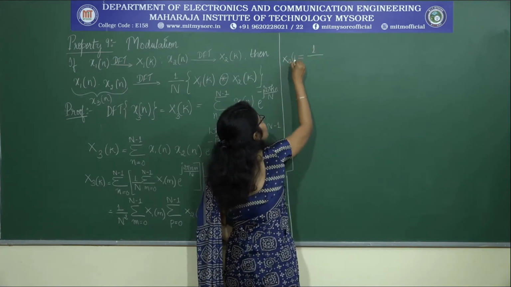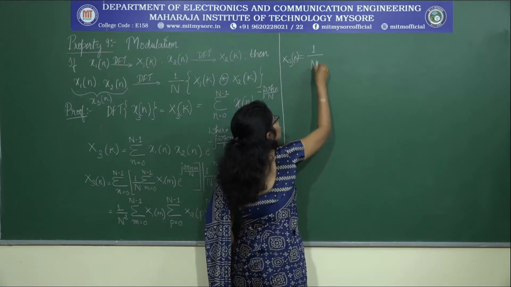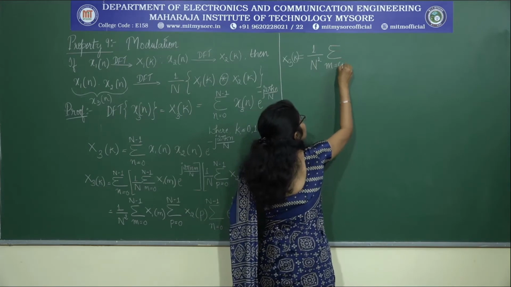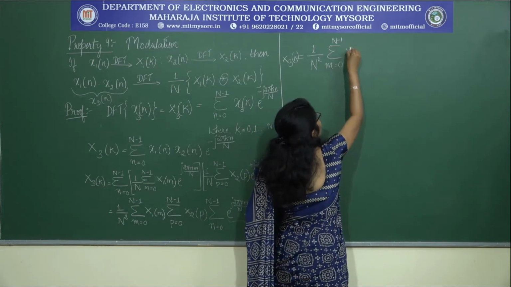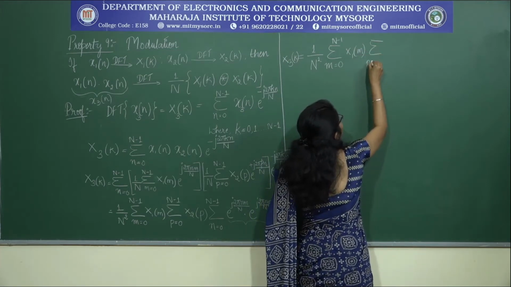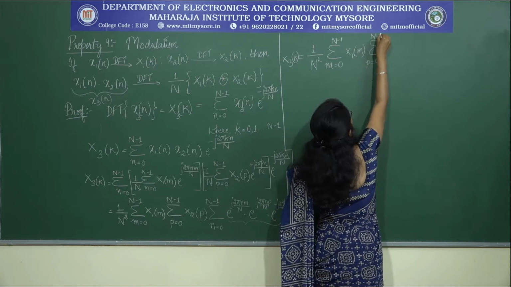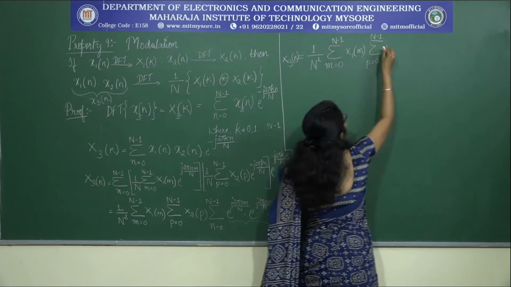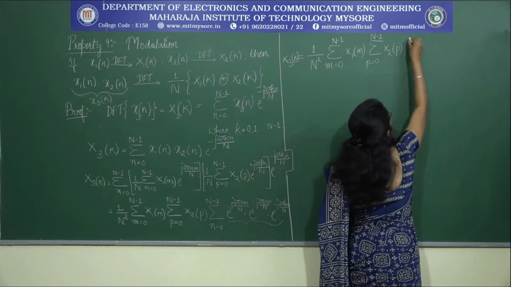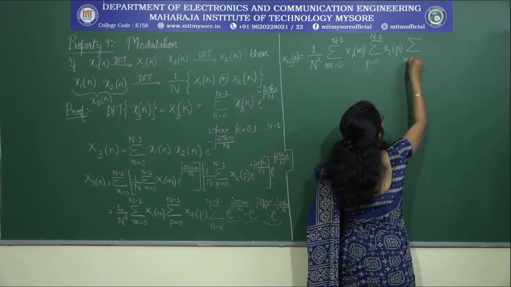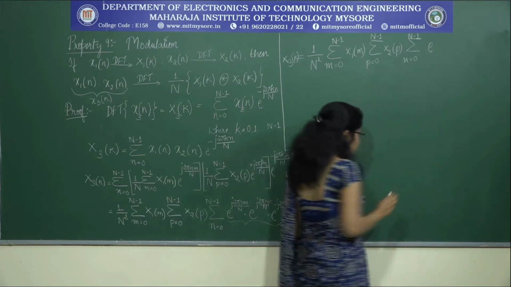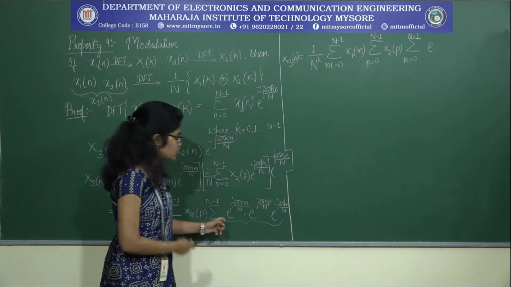X3 of k will be equal to 1 by N square, summation m ranges from 0 to N minus 1, X1 of m into summation p ranges from 0 to N minus 1, X2 of p into summation n ranges from 0 to N minus 1, e power. So what are the common factors which I can take?